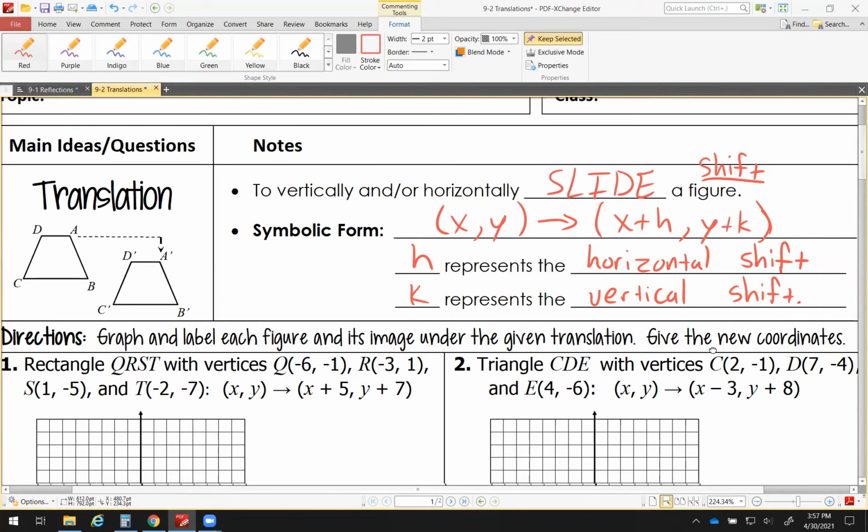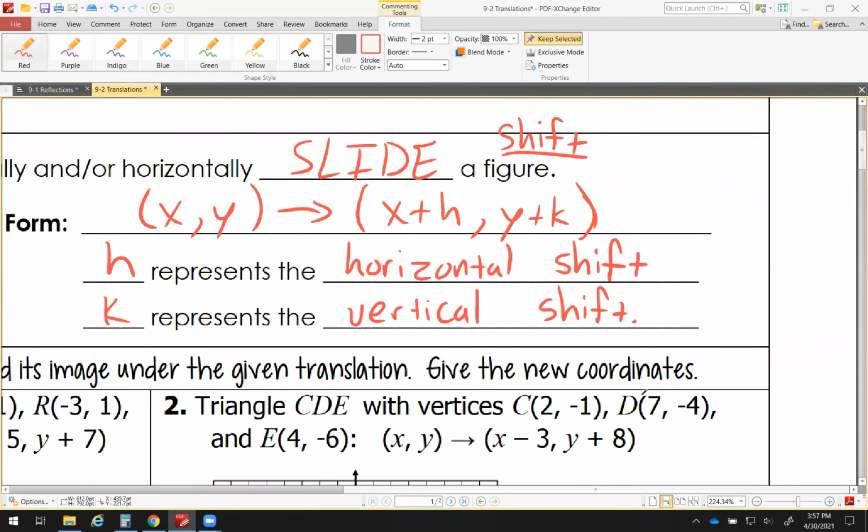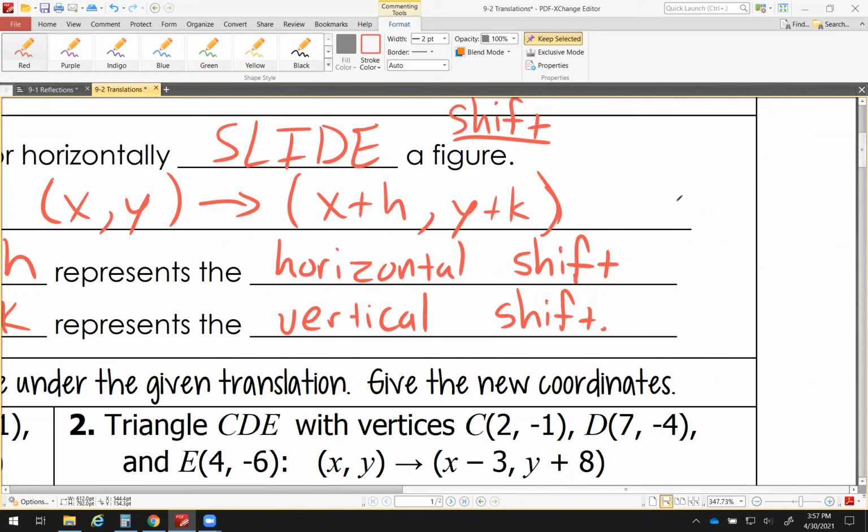When you think about it a little bit, if you have x plus h, that means your x value is getting bigger, which means you are shifting to the right. But if you have x minus h, that means your x value is getting smaller, which means you are shifting to the left. And if you have a y plus k, that means your y value is getting bigger. That means you're going up, farther away from the x-axis.